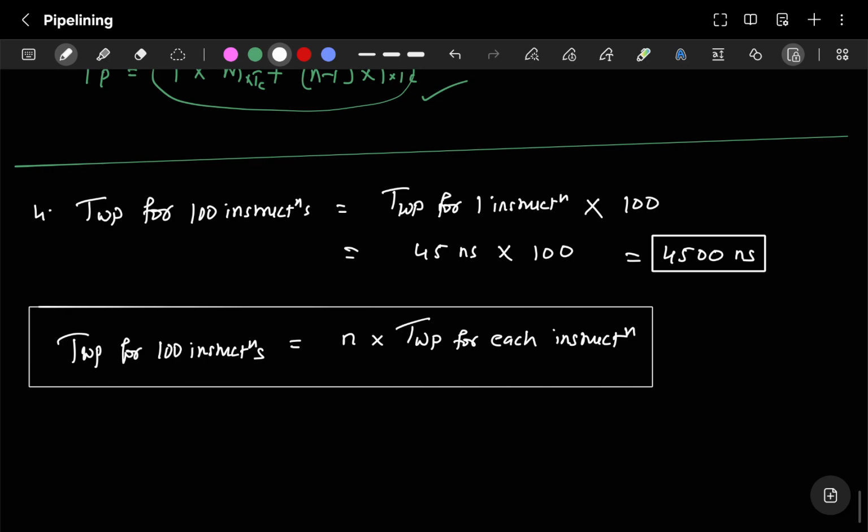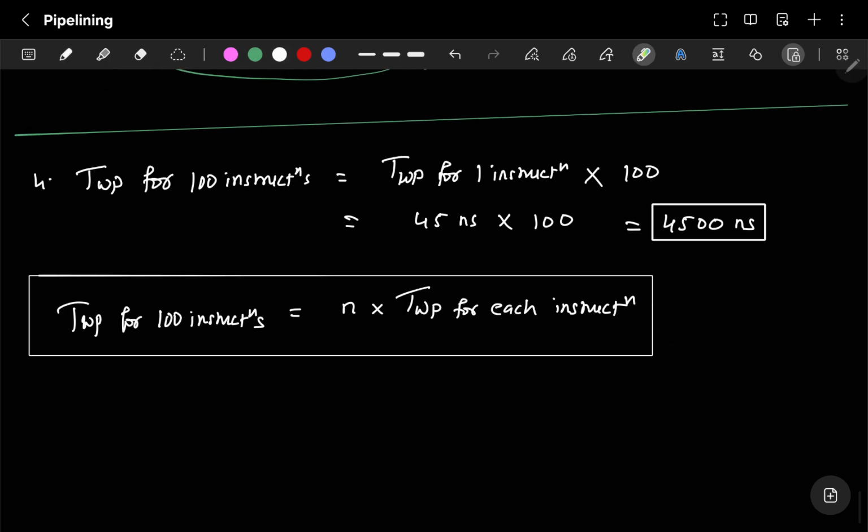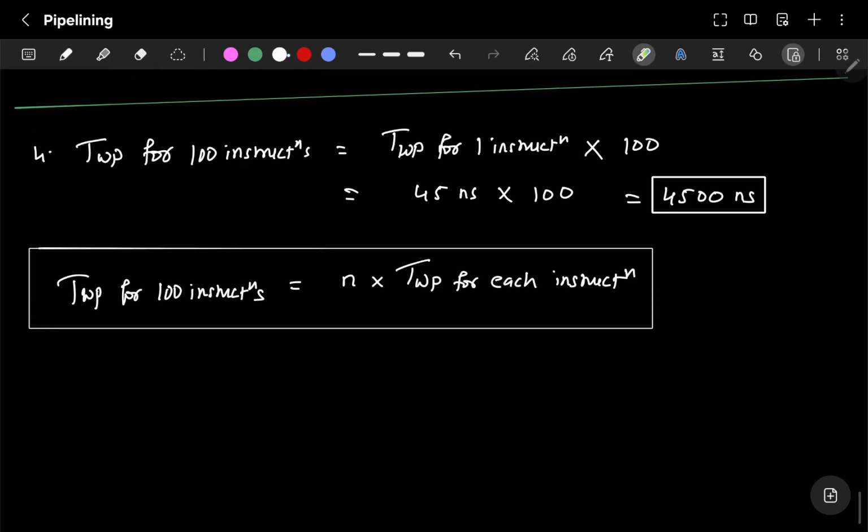If you want to understand this part also, I don't know whether you are getting it; if you are, then it's okay. Otherwise you can understand it like this. If you understood, then you can skip this video. For the first instruction it will take 45 nanoseconds. For the second it will take 45 nanoseconds.